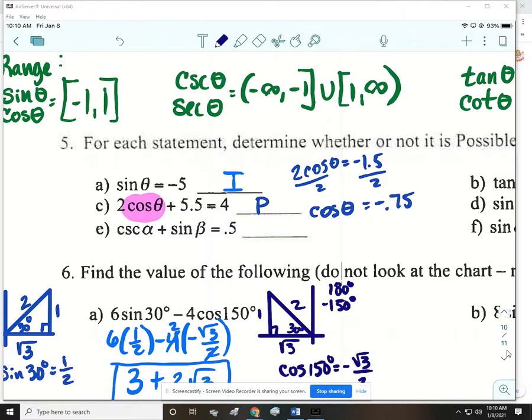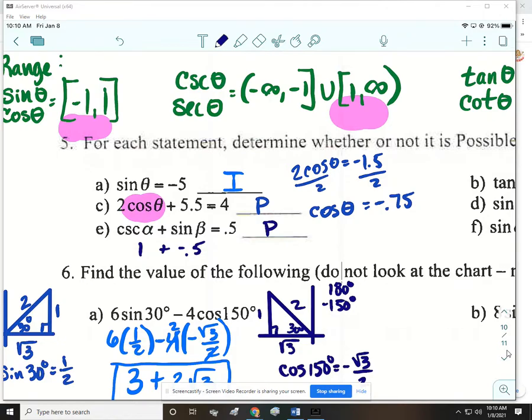And you can. So what I can do is go to this part of the range of cosecant and use 1. And then go to the range of sine and use -0.5. And those two add to give you 0.5. So it's possible.